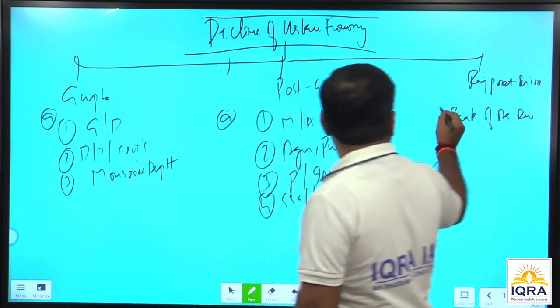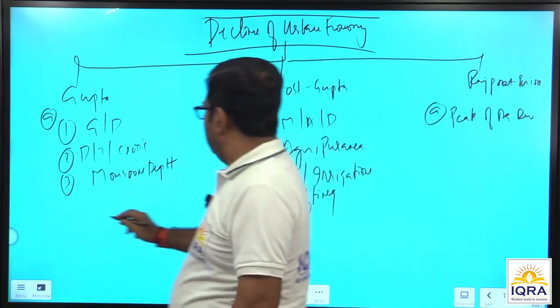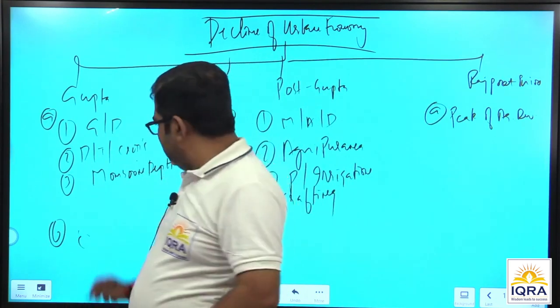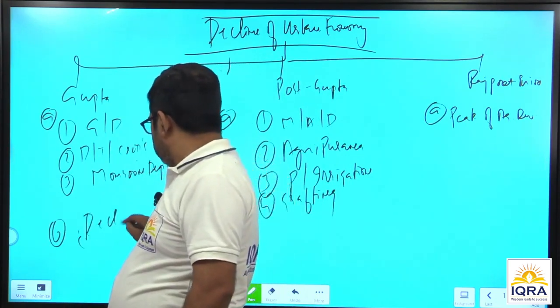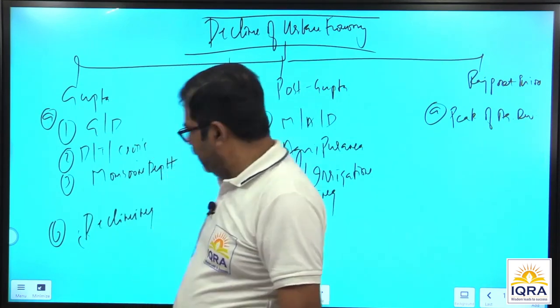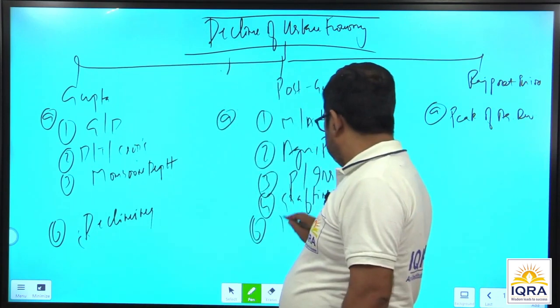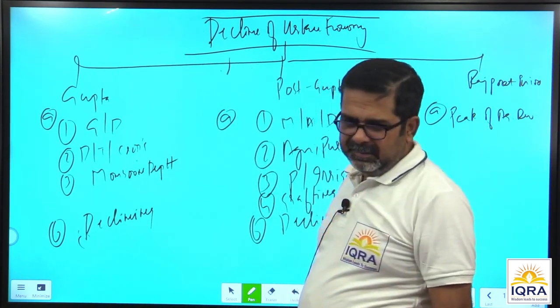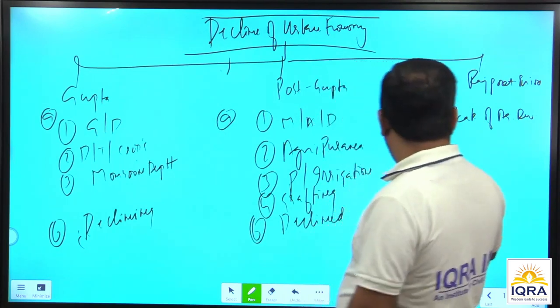Agriculture. External trade and commerce declining. Declined. Over.